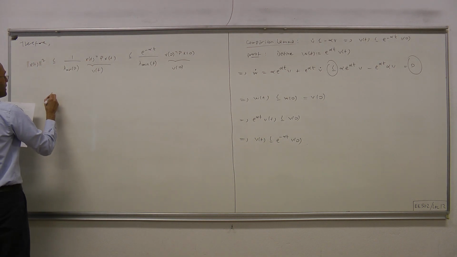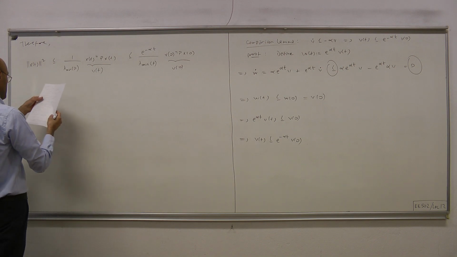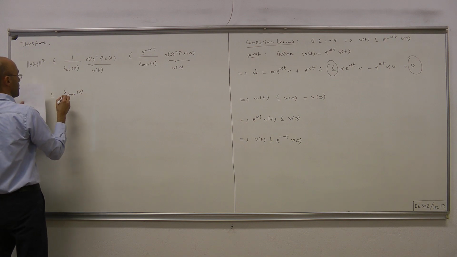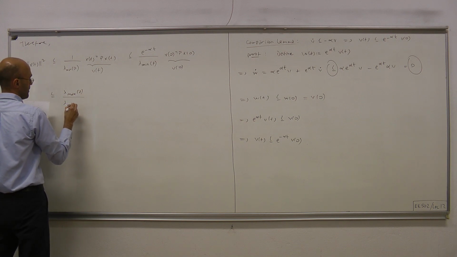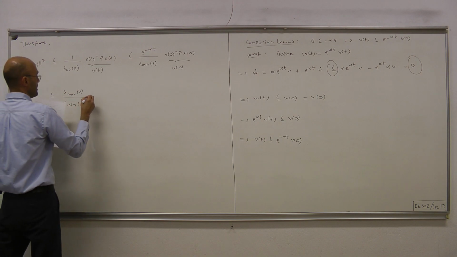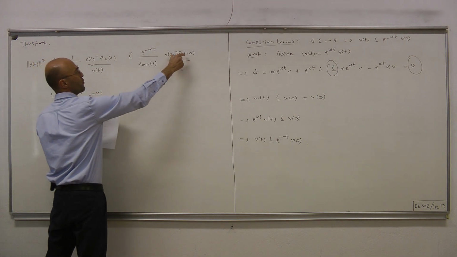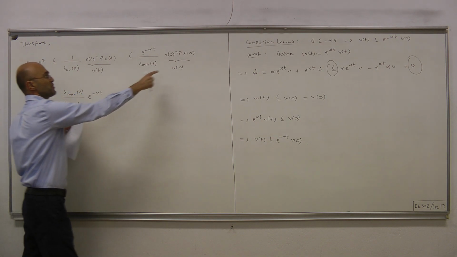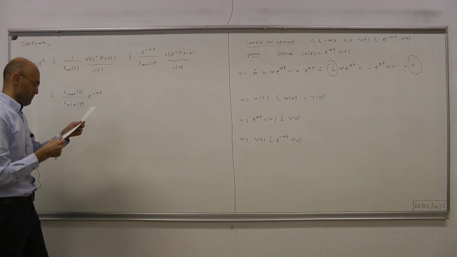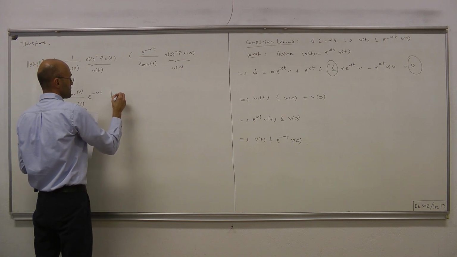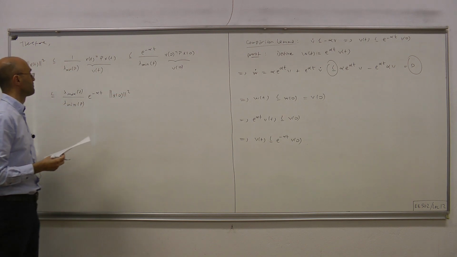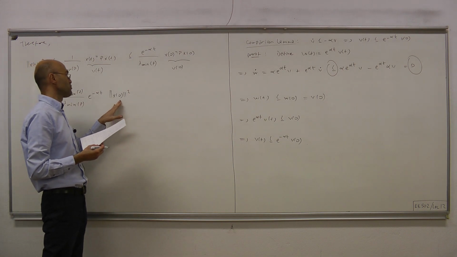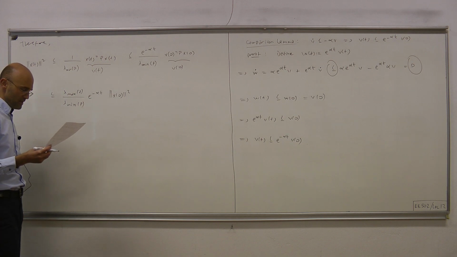Okay. Again, using the upper bound, once again we can write lambda max p over lambda min p e to the minus alpha t. Okay, so we're upper bounding this by lambda max p times the norm squared of x0. Here we have the norm squared of x of t, and here we have the norm squared of the initial state.